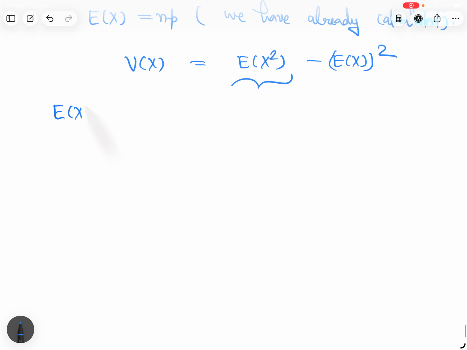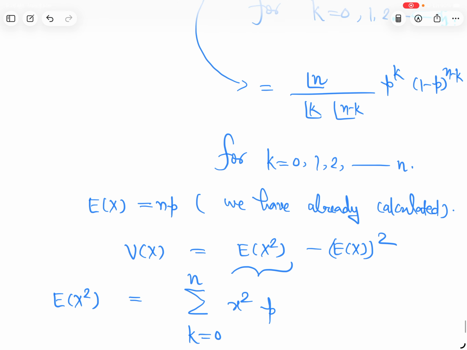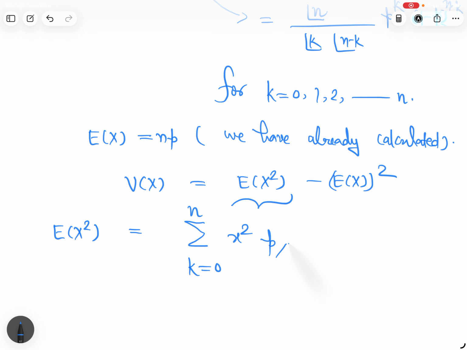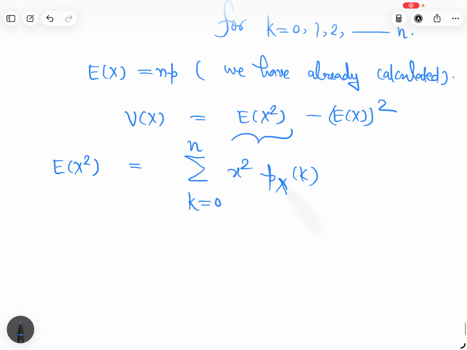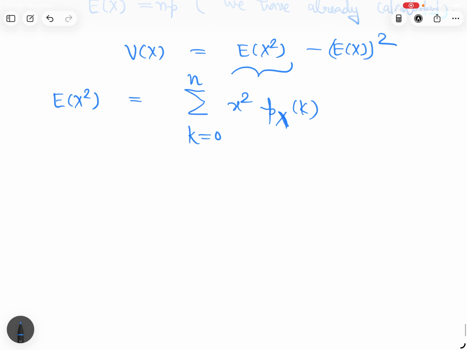So I need to calculate E[X square]. Then how will I do it? This is the sum for k going from 0 to n of x square P(X = k).